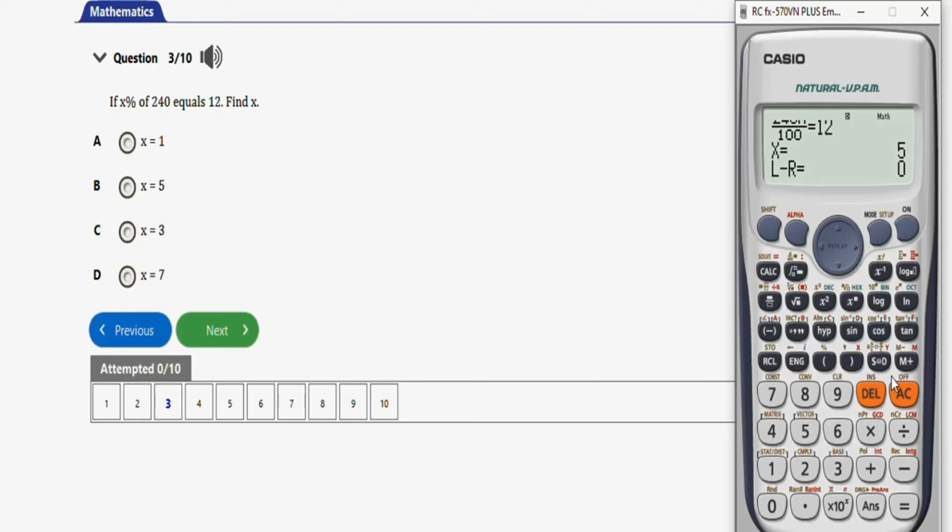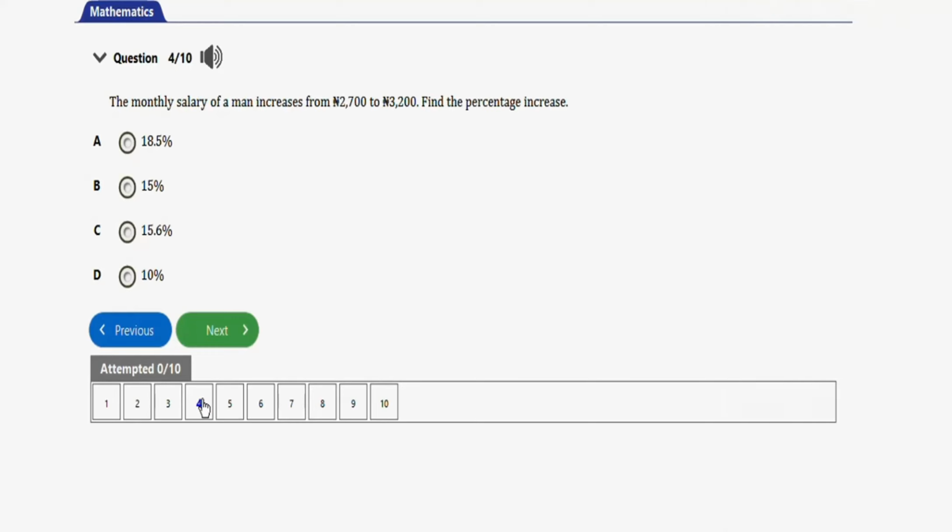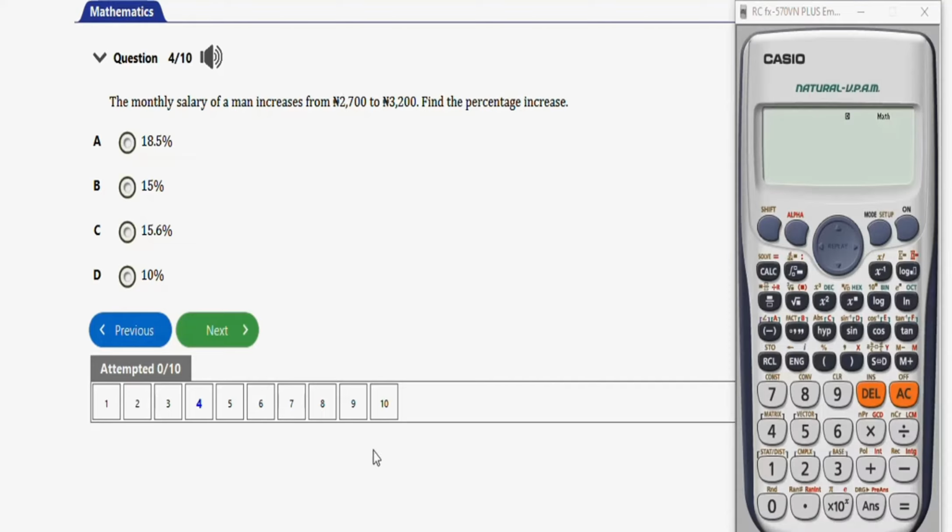The next question will be this one. It says, the monthly salary of a man increases from 2,700 naira to 3,200 naira. Find the percentage increase. Okay, so to get the percentage increase, let's get a calculator. Firstly, subtract 2,700 from 3,200. Basically, we are going to apply the formula for percentage error to solve this question. So 3,200 minus 2,700 is 500.